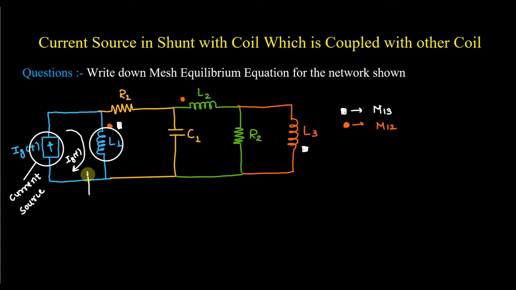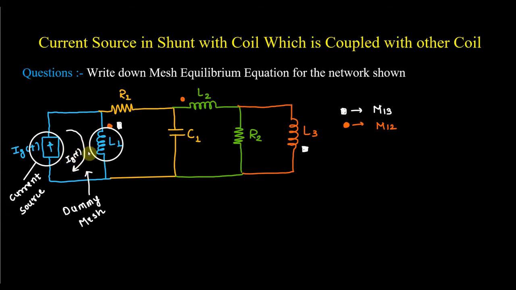That is why we can consider this mesh as a dummy mesh. I hope you understood: as we know the current in this mesh, there is no need to apply KVL. That is why this type of mesh is called a dummy mesh.